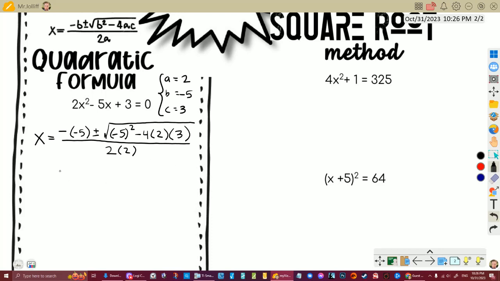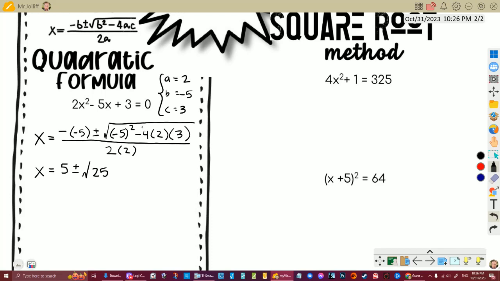From here, we're just going to do some simplification. We're going to simplify each small part of the formula until it's something that we recognize. So negative is going to become positive. So positive 5 plus or minus, and then under that square root, I know that negative 5 times negative 5 is positive 25.